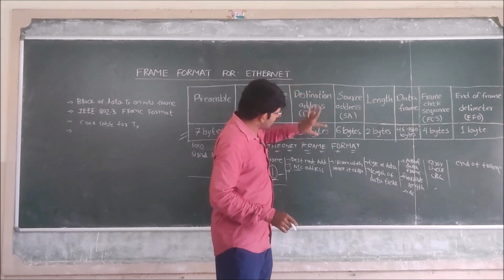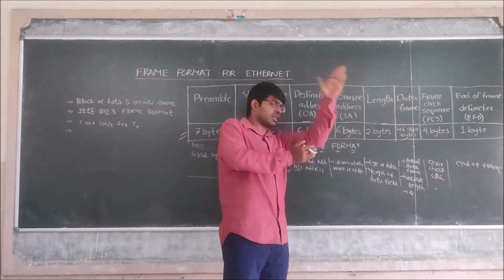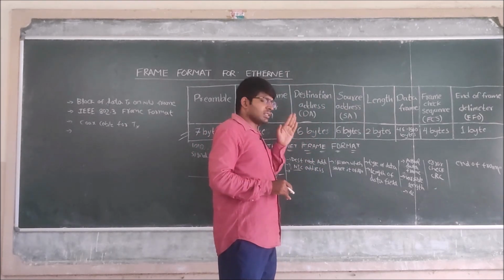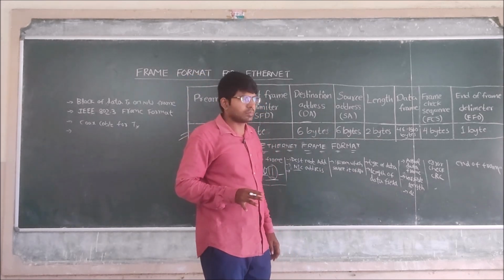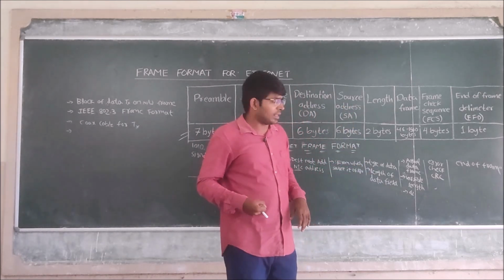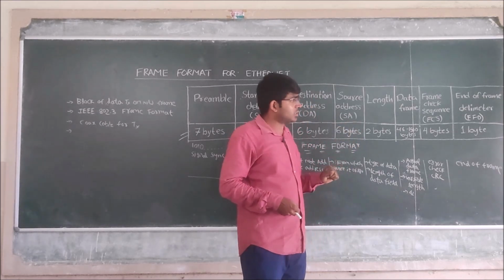If this address matches, then the data will be processed further. If the address does not match, then the data is immediately rejected. Next, the source address, from where it is coming, is indicated here in 6 bytes.